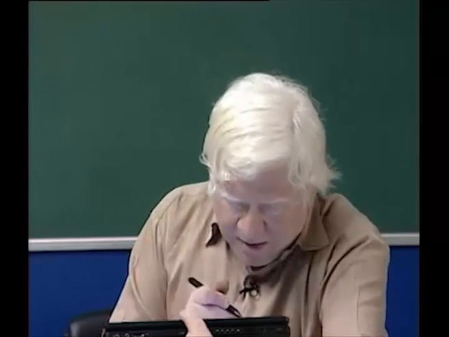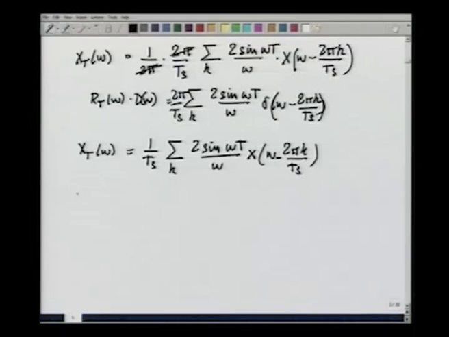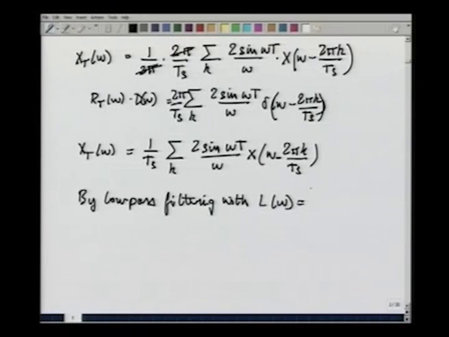So, we will apply the following: low pass filtering with L omega given by L omega equal to T_s for mod omega less than b, equal to 0 for mod omega greater than or equal to b.